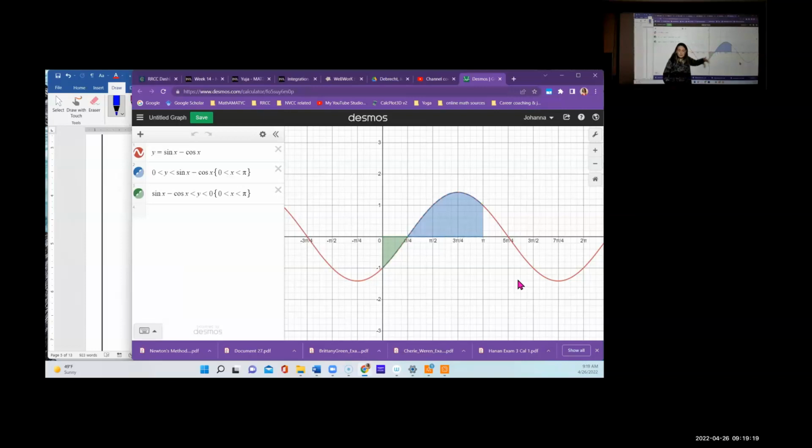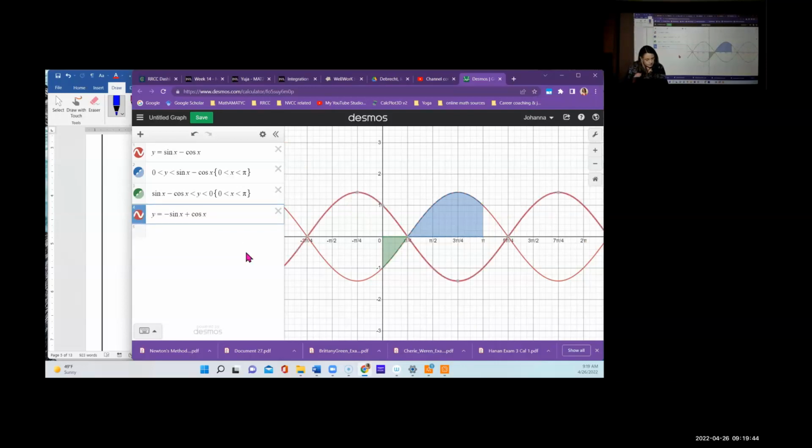All right. So let me show you what that would look like. I'll do it maybe in black. So that would be negative sine x. And does everybody see how that flipped the graph up?